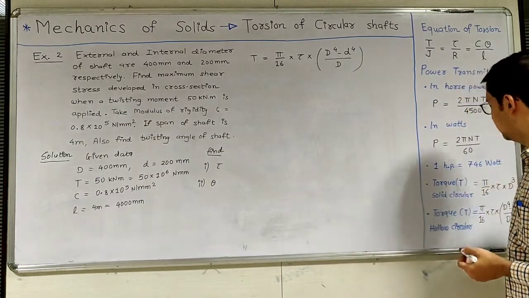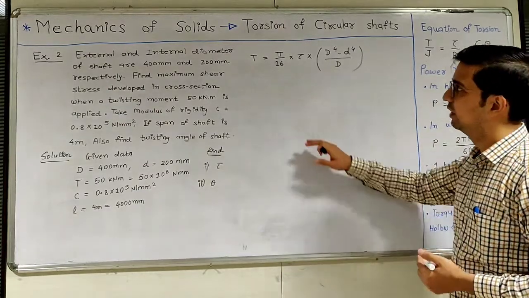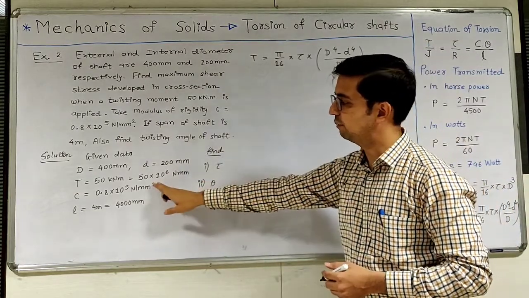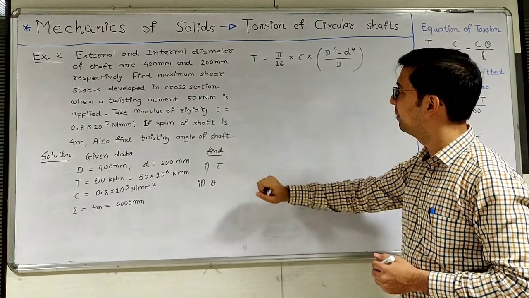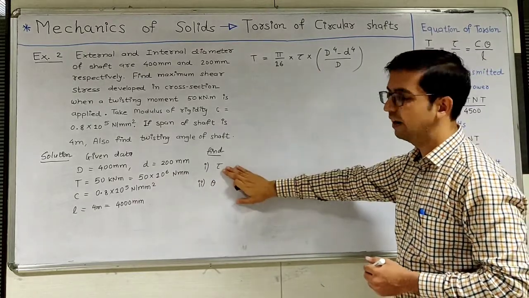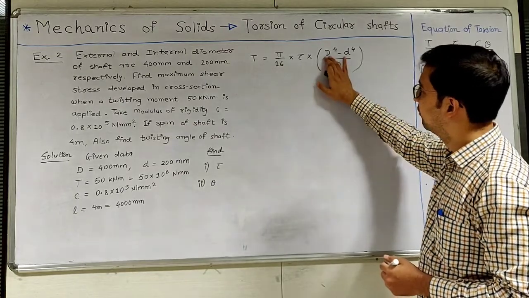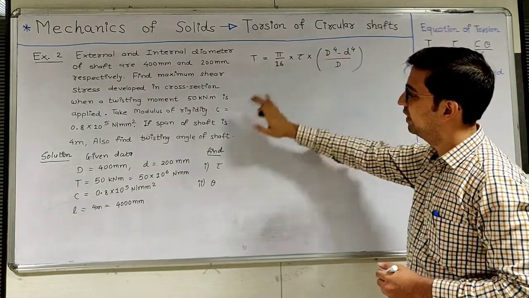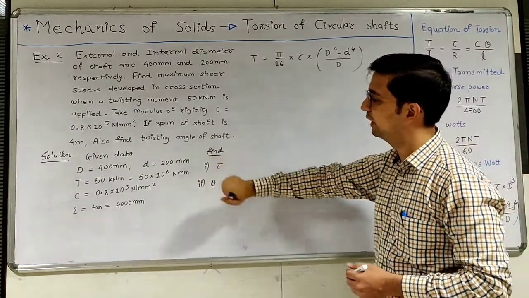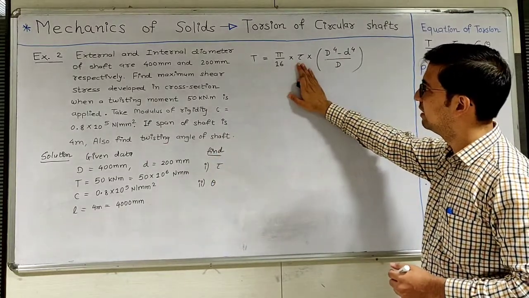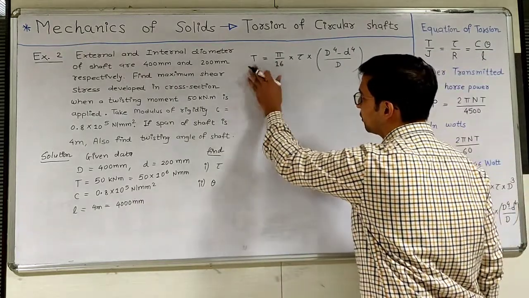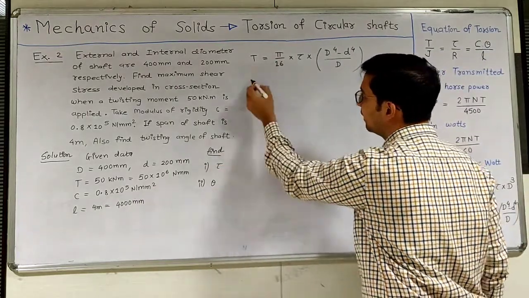In this equation we can see the value of torque is given, which is 50 into 10 raised to 6 Newton into mm. Tau is the unknown parameter which is required. The external diameter is given as 400 mm and the internal diameter as 200 mm. So the only unknown is tau, and we can find its value. So substitute the value of all parameters.